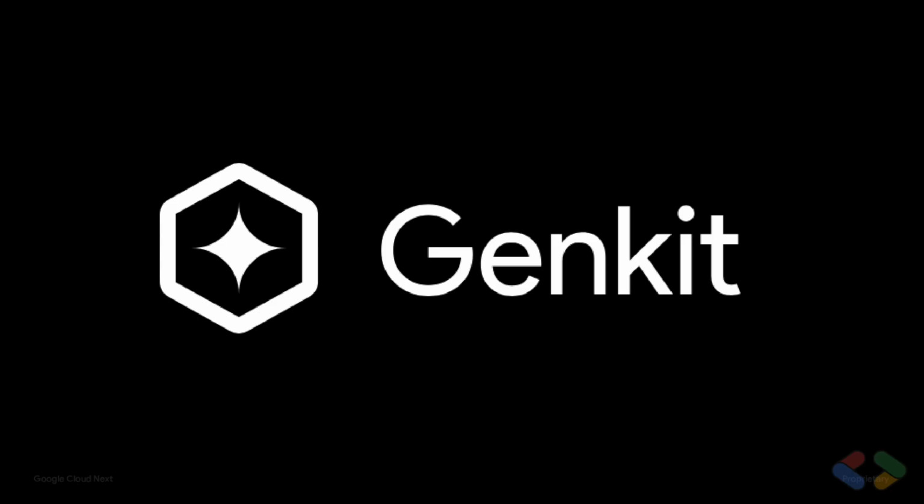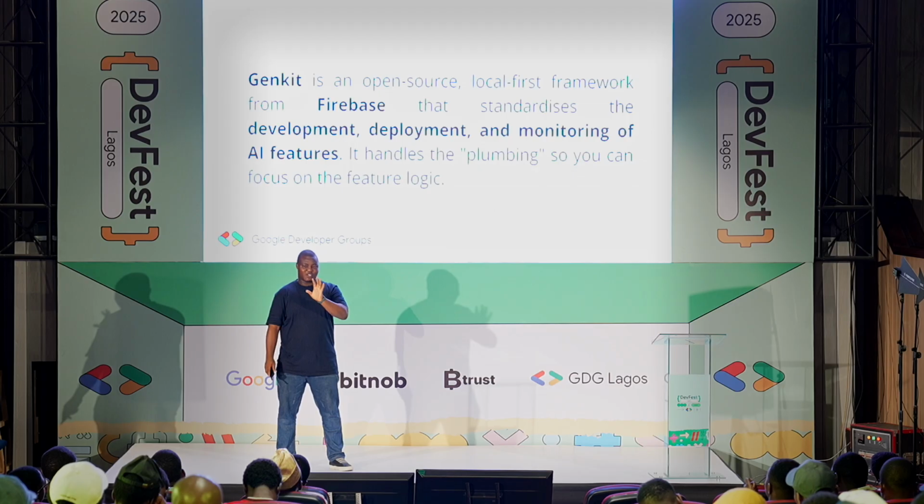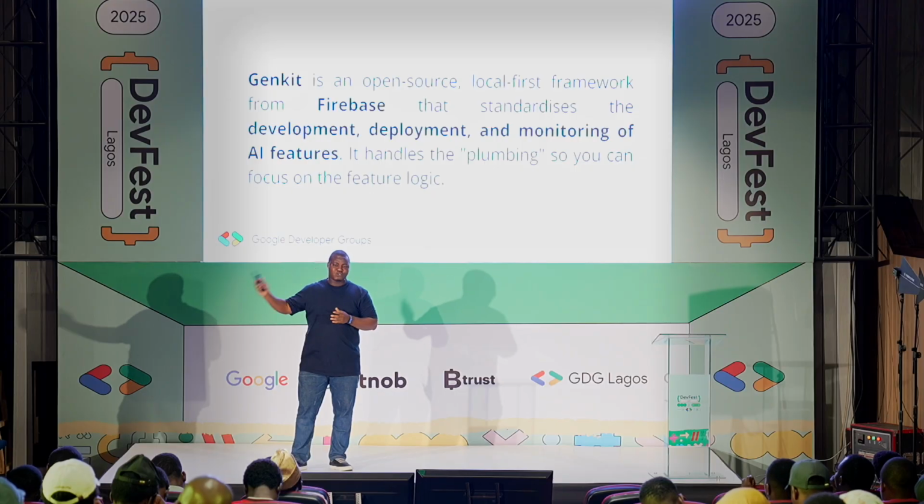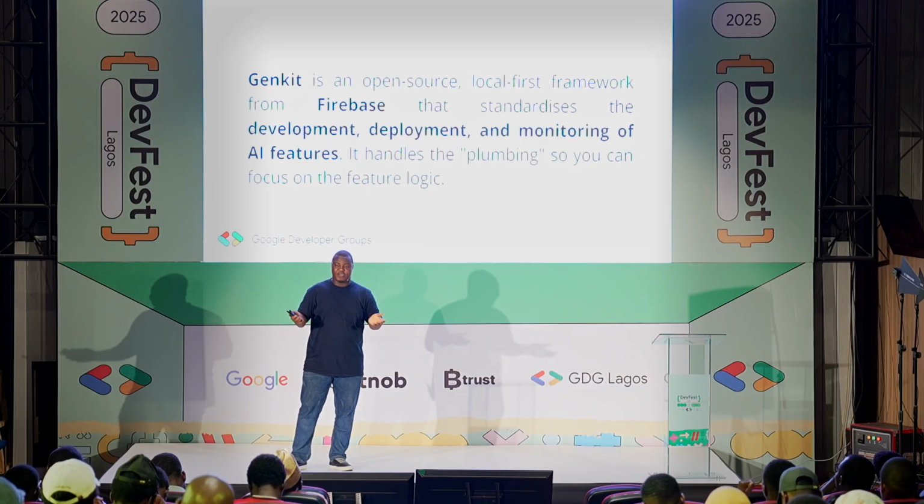So I introduce to you Genkit. Genkit is an open source framework specifically for backend that allows you to build very, very grounded RAGs using your data. Your data could be in Firestore, for example, or could be anywhere.